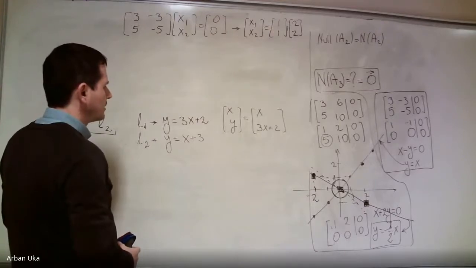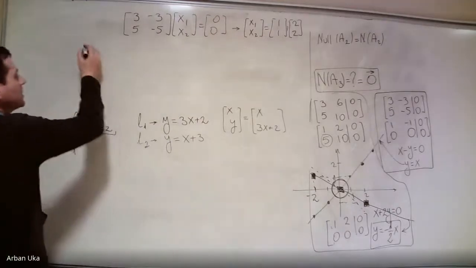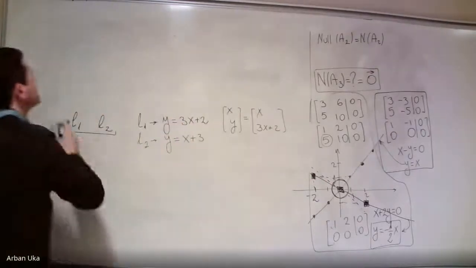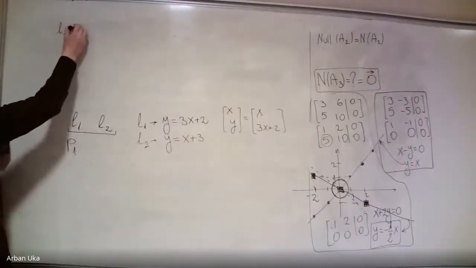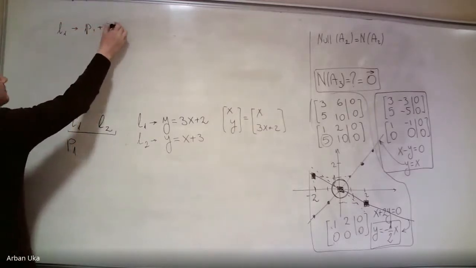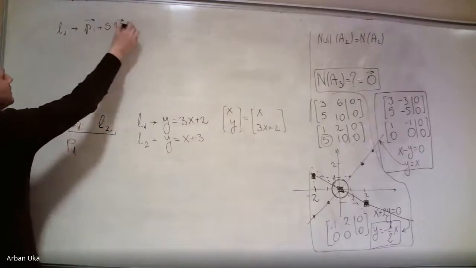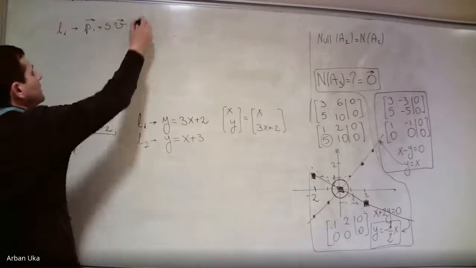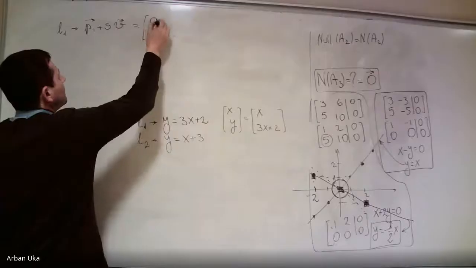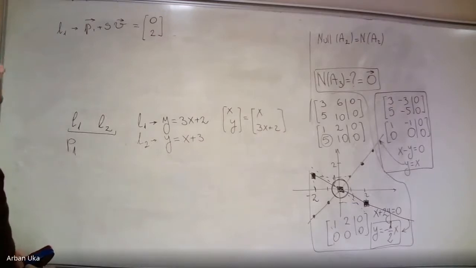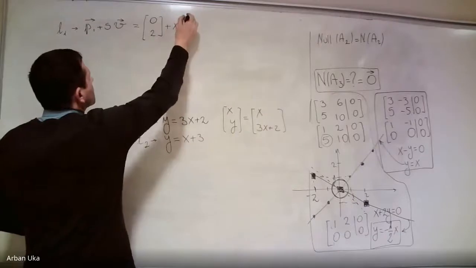Oh yeah, okay, so you mean that line 1 is defined as P1 plus s times V. What is P1? (0, 2), right? Yes. And plus what? Plus (1, 3) times s.